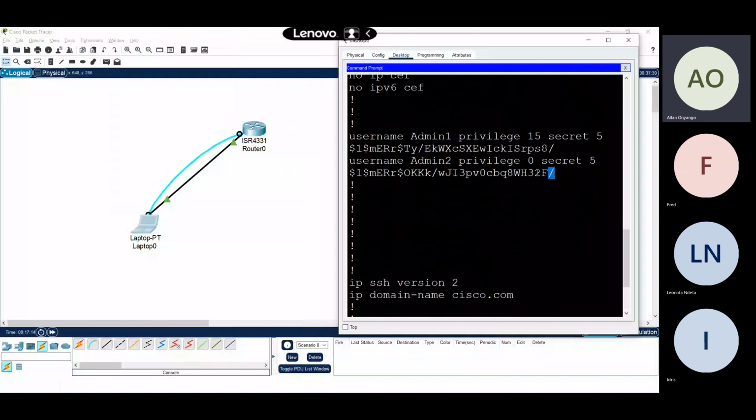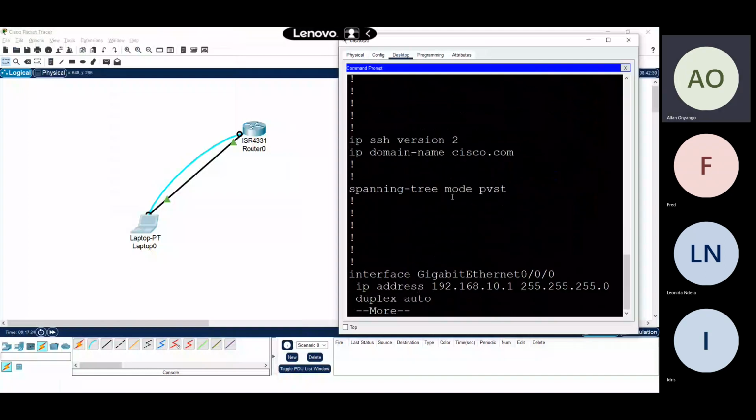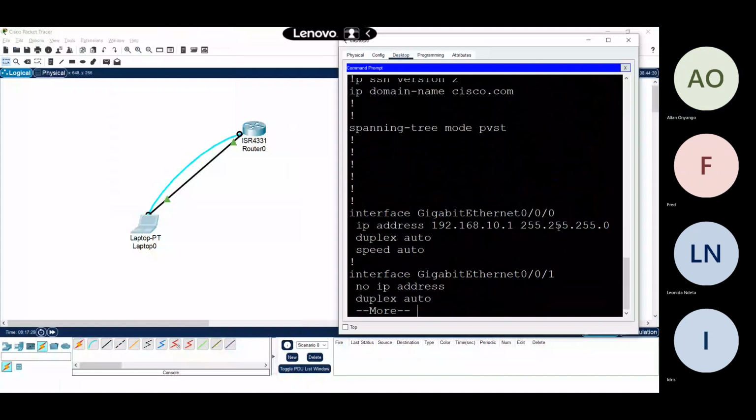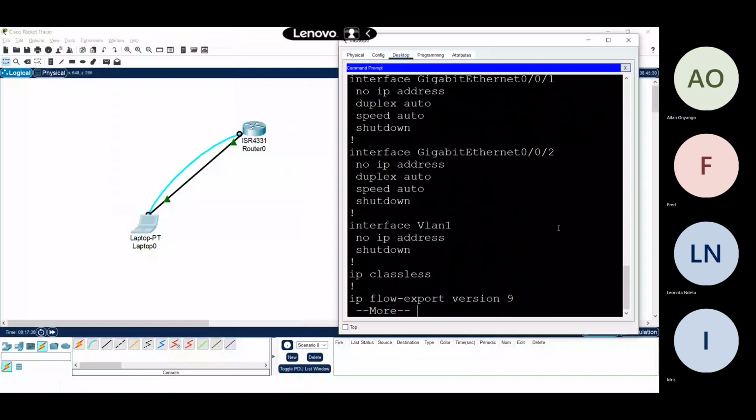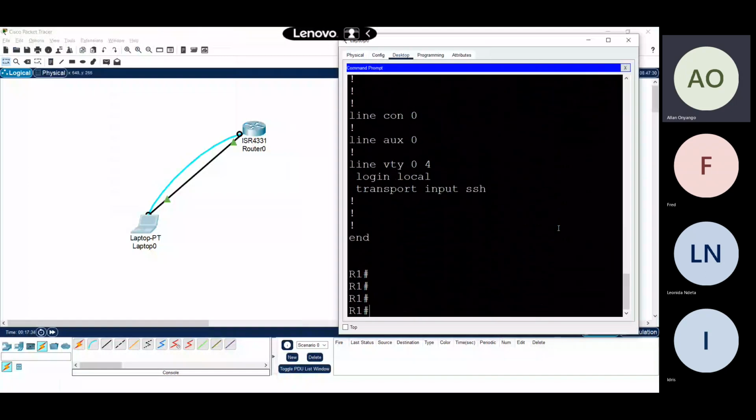That is admin1, and this is admin2per55. We use version 2 of SSH. The domain name is here. I continue pressing enter, and I can see the IP addresses that are configured in the router, and so many other things. Transport input SSH.